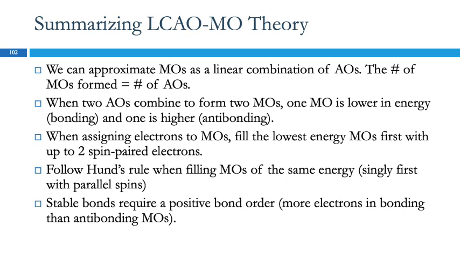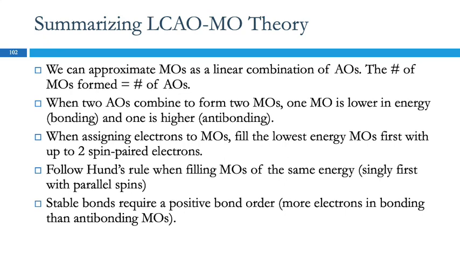So this is like a summary slide. We're approximating those molecular orbitals, which are really, really complicated to actually calculate, by just looking at basically an average of the atomic orbitals. The number of molecular orbitals has to equal the number of atomic orbitals. So you could say the number of orbitals is conserved.